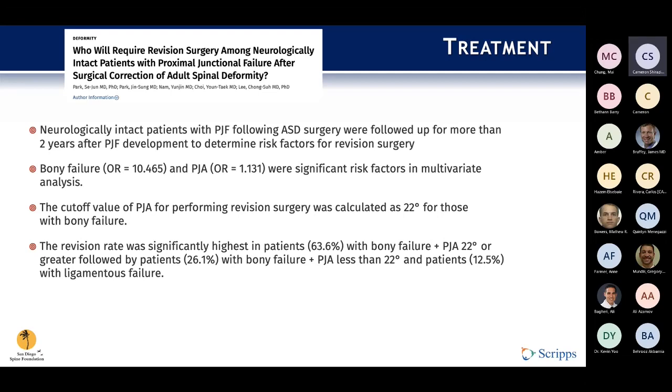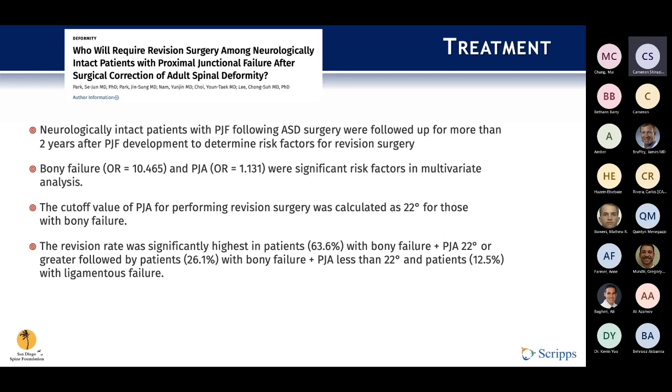And then in these patients, when they ran their statistics, if you had less than 20 degrees of PJA, you were less likely to have revision surgery. But those with bony failure and greater than 22 degrees, they felt should fall into the surgical category.